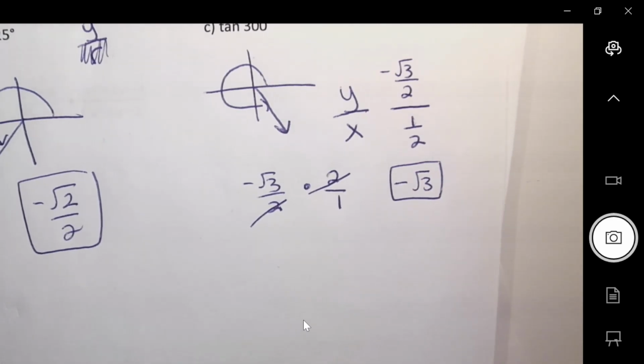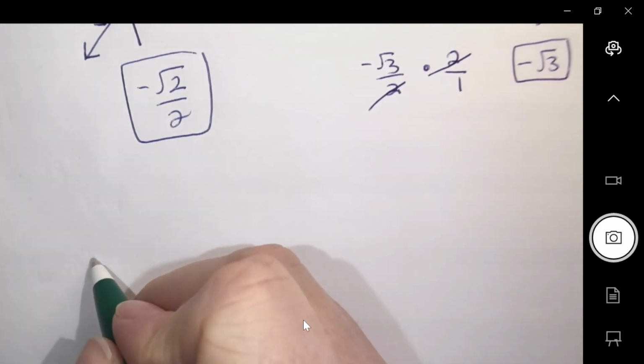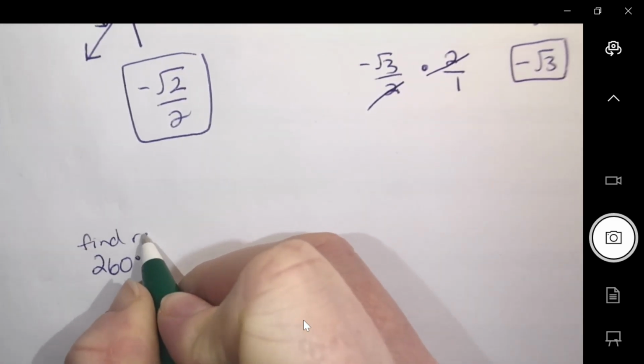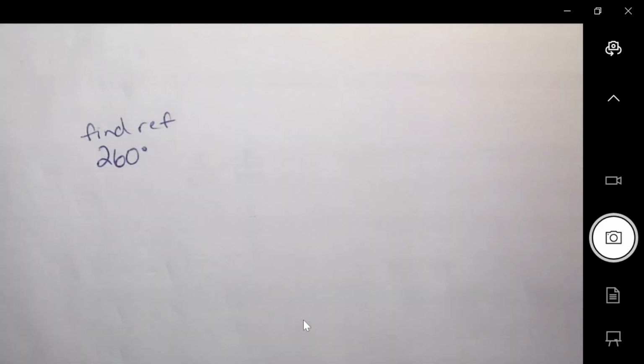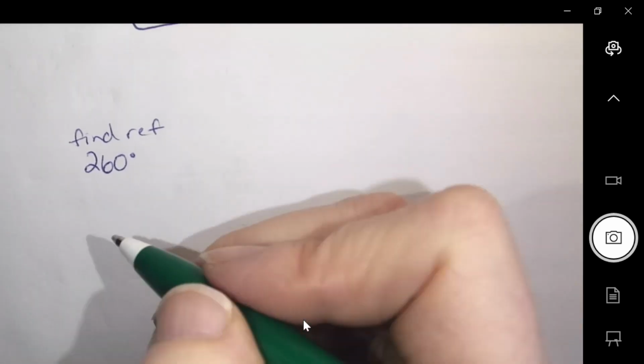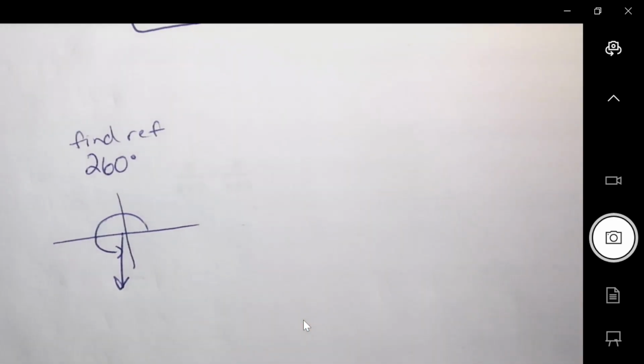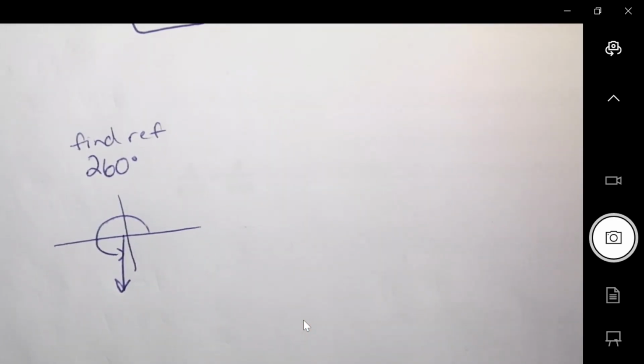Do you also remember how to find reference angles if I give you an angle and then you have to go to a reference? Do you remember that one? If I said find the reference for 260 degrees. What does a reference angle mean to you? There's 260, right? What does a reference angle actually mean?